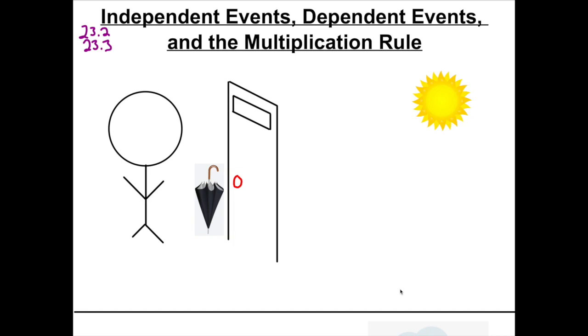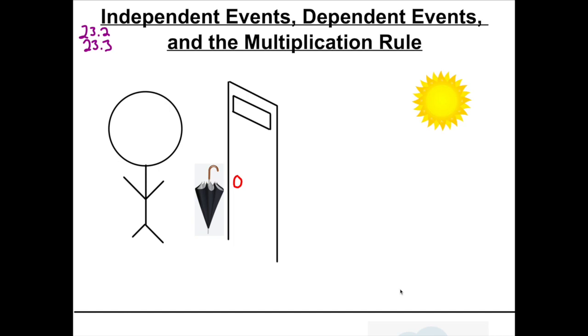So what's the probability right now that I am going to grab my umbrella and head outside? If you think about the fact it's sunny, some people will grab an umbrella just in case. But generally, it's not too good.